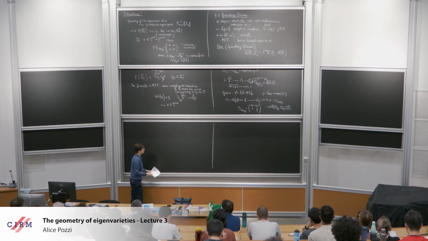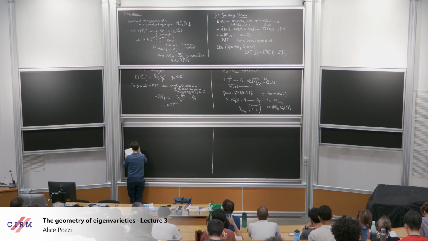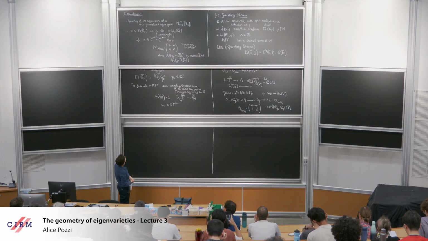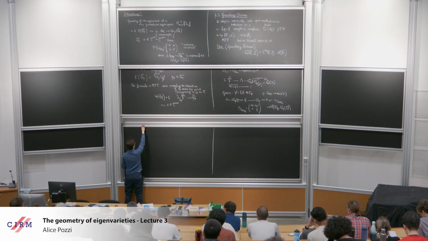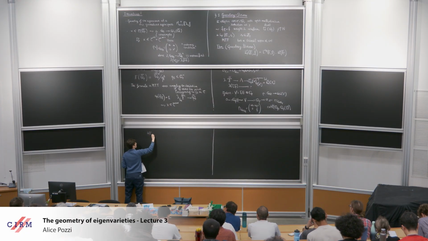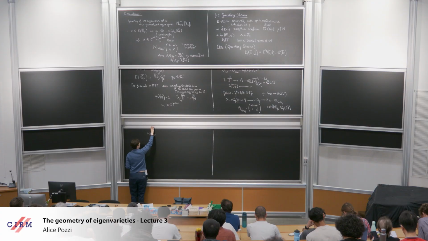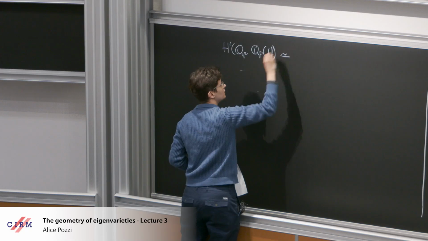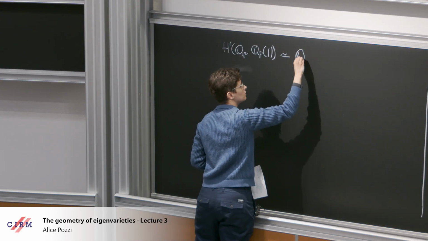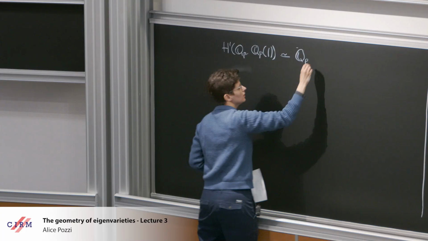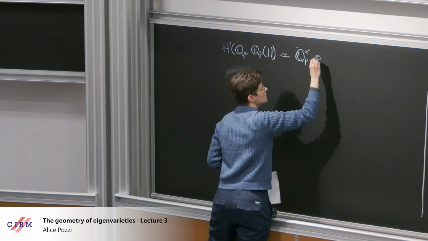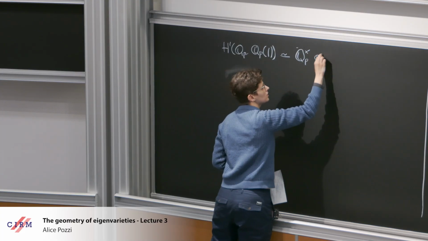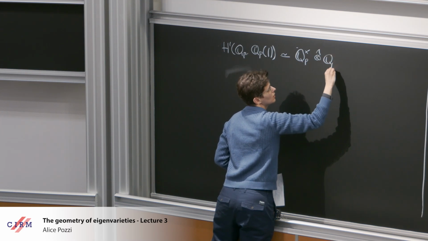Okay, so how do we interpret that in terms of Kummer theory? Well, this is a calculation that uses the Tate parametrization. That's really the input. As a cohomology group, this can be identified with the QP units, completed tensor with QP.